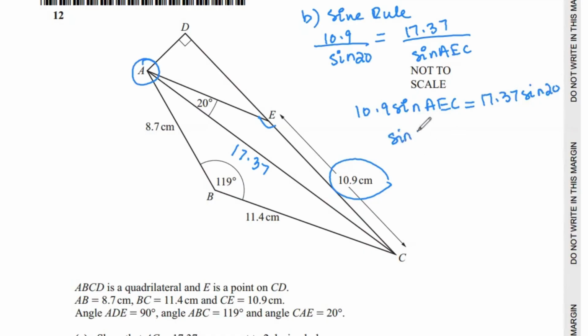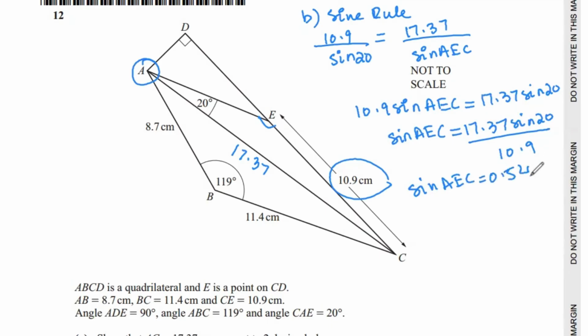So sine of AEC equals 17.37 sine 20 over 10.9, and that gives us 0.54503, and then you take the inverse of that.